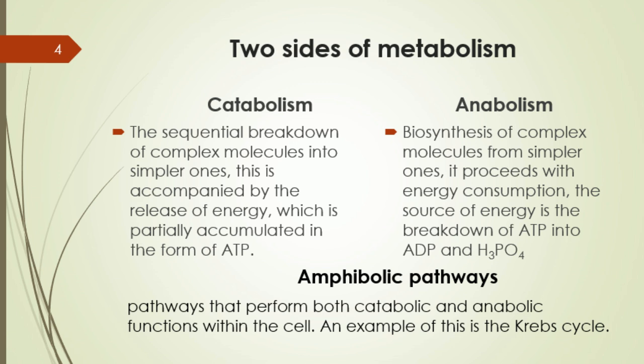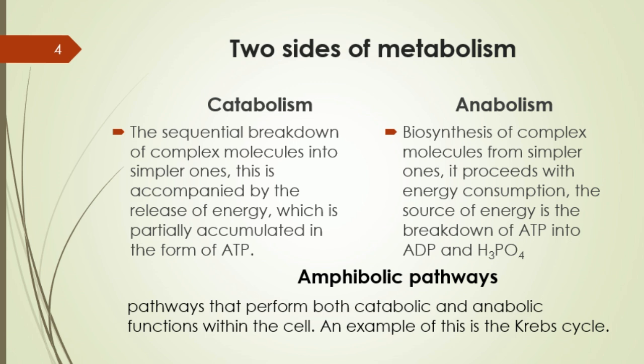Catabolic processes are accompanied by the release of energy. At certain stages of catabolic pathways, a significant amount of this energy is accumulated as a high-energy compound, adenosine triphosphate, ATP.